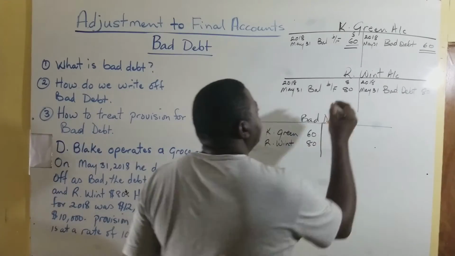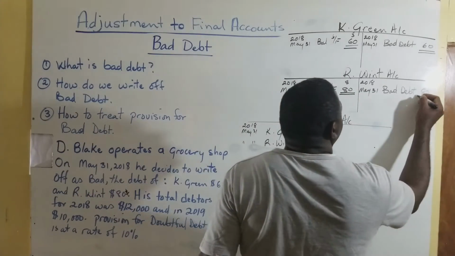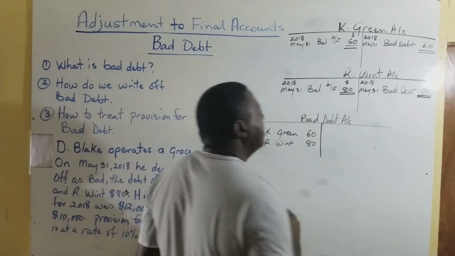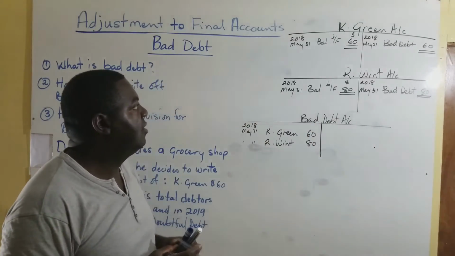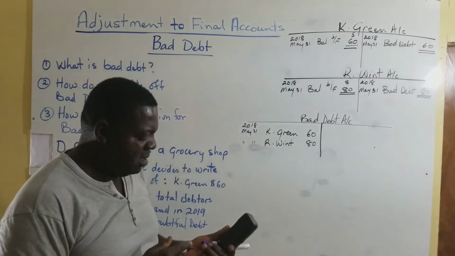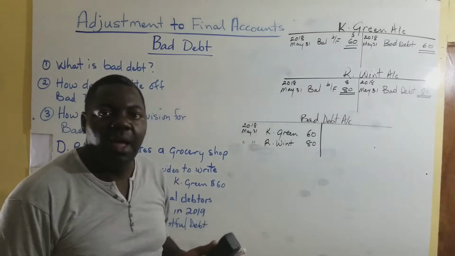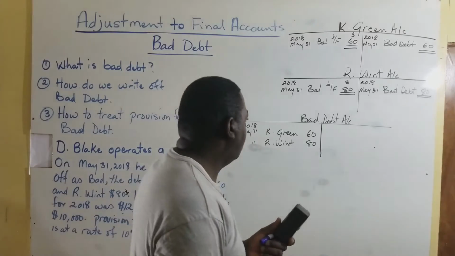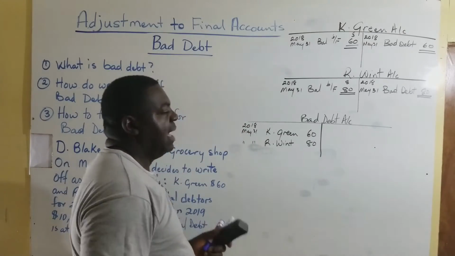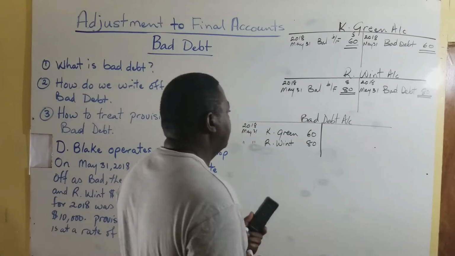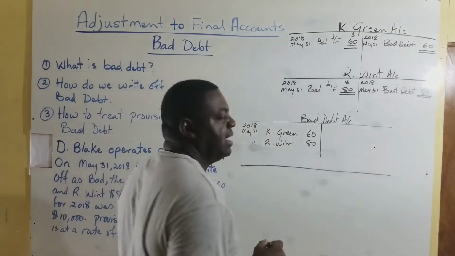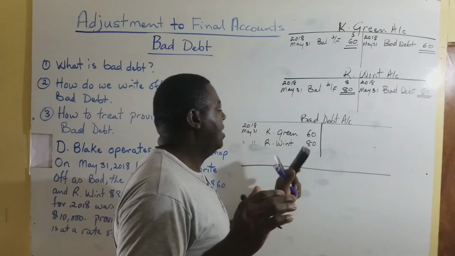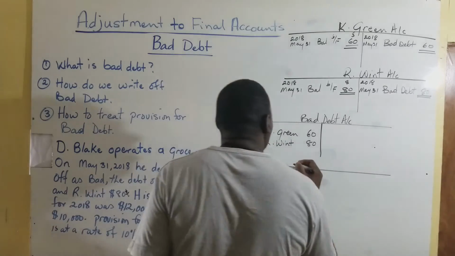All right? We can double line this and double line this because we're closing it. We no longer have any business to do with K. Green and R. Wint, because we're taking them off our books as being debtors, writing off as bad. Now, at the end of the financial year, we'll be sending the bad debt into the profit and loss or the income statement.